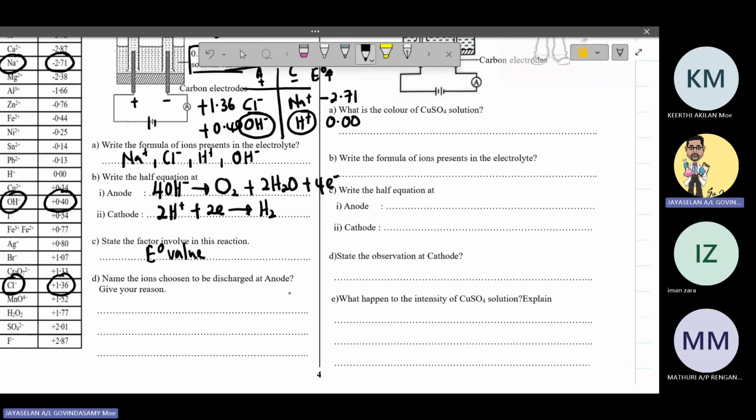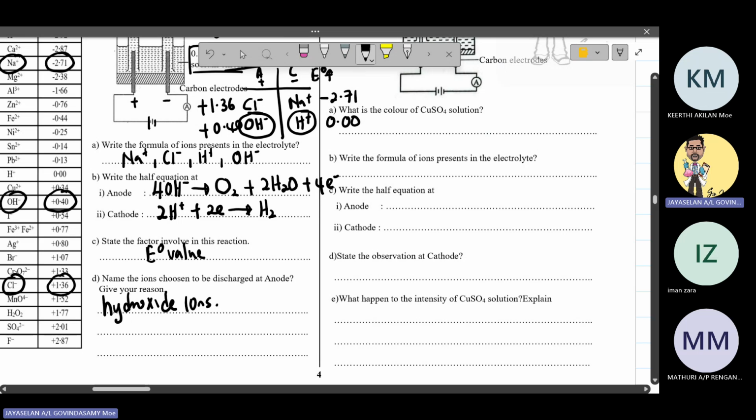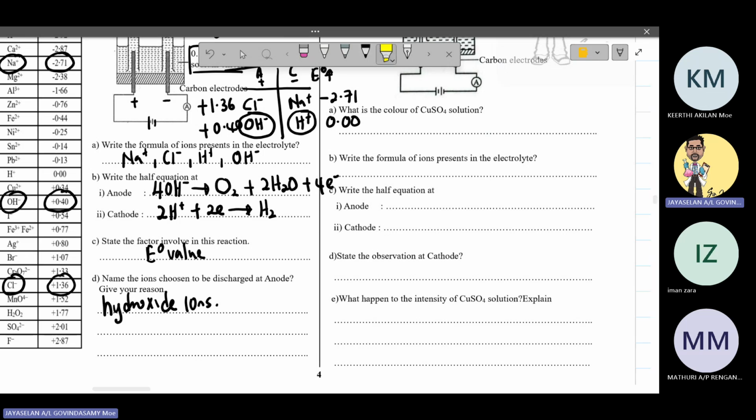Name the ion chosen to be discharged at the anode. You put hydroxide ion, one mark. Why hydroxide ion? You have to refer to the factor and explain based on the factor. Look, both values are positive. At the anode, you choose the lowest E naught value. Who do you choose? Hydroxide. So why?